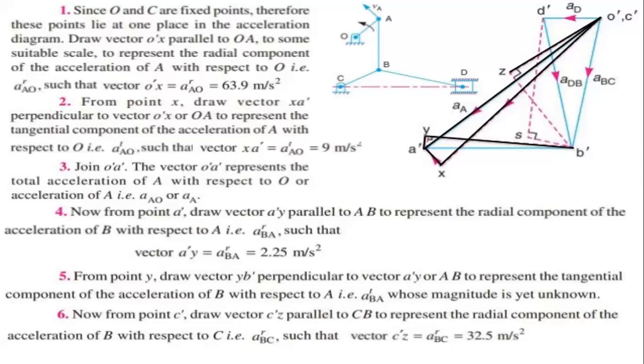Now from point a dash, draw the vector a dash y parallel to the AB line, that is AB in the space diagram. We need to draw the lines.